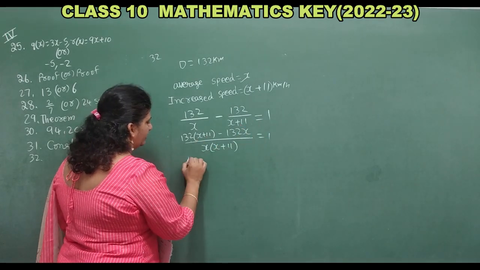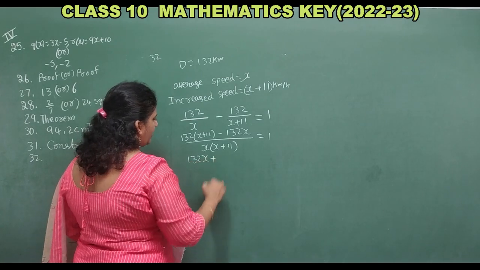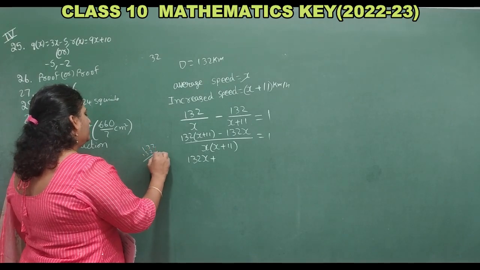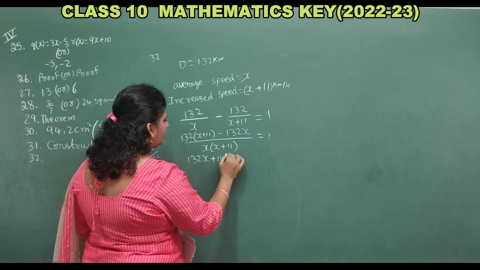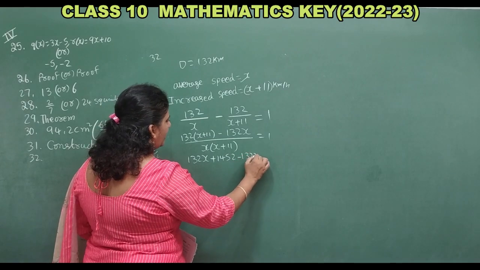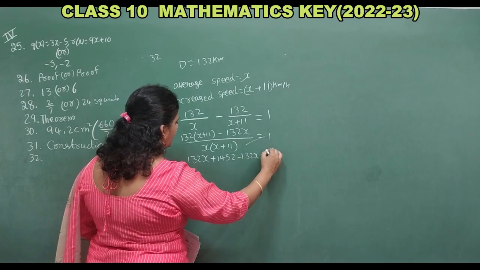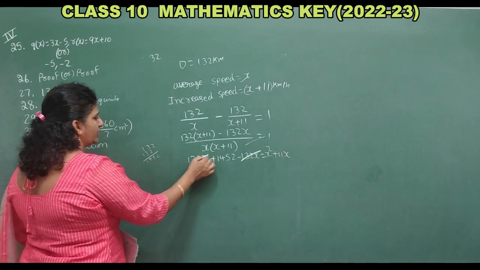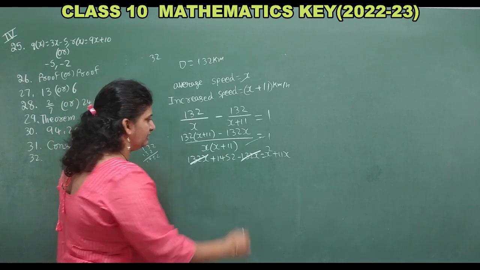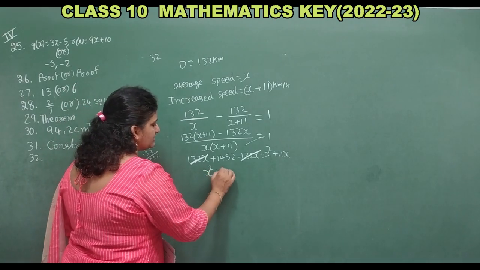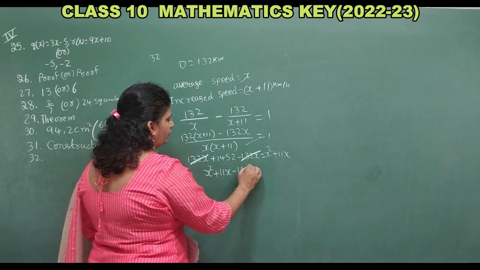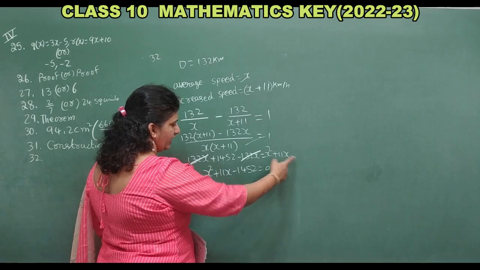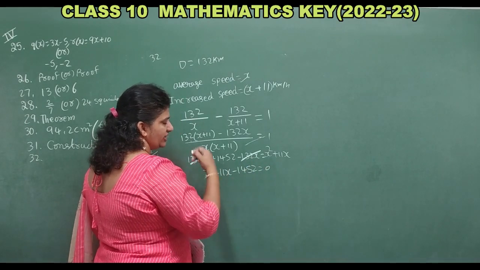Now remove the bracket. 132x plus 132 11s, that will be 1452, minus 132x is equal to, cross multiply, x square plus 11x. Minus 132x plus 132x cancel. x square plus 11x minus 1452 equal to 0. Send this number to the other side, right? And at a time you bring the full equation to this side.